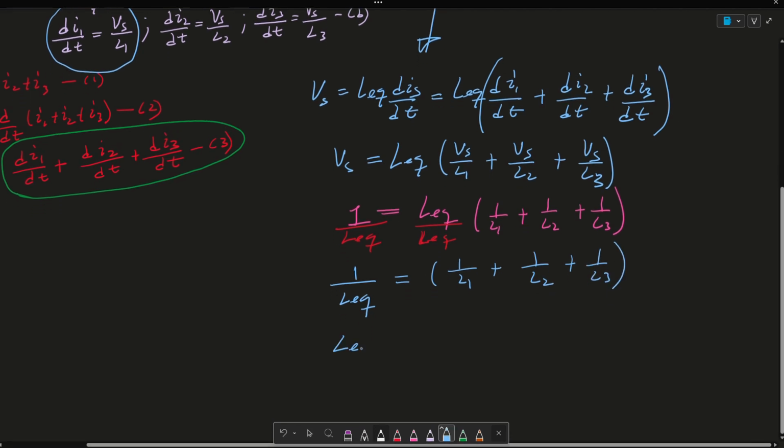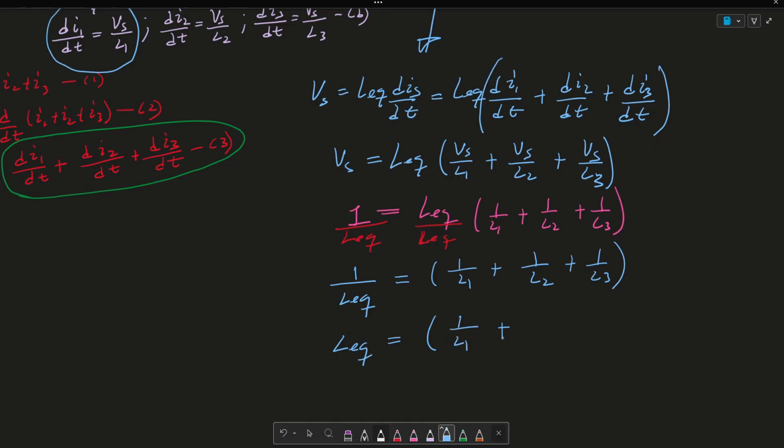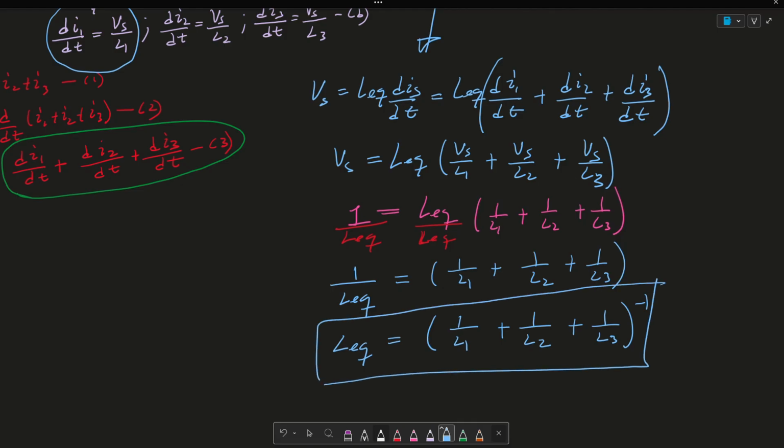And L equivalent is equal to the inverse of 1 over L1 plus 1 over L2 plus 1 over L3. And that is my equation for equivalent inductance in parallel.